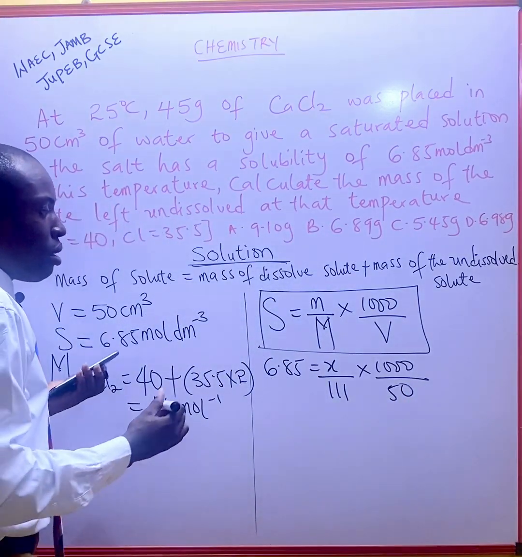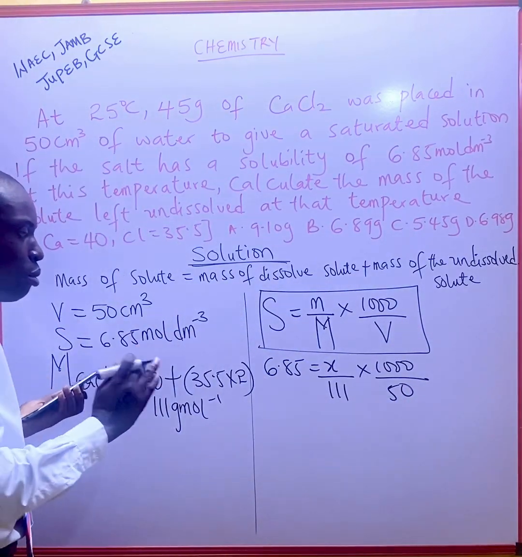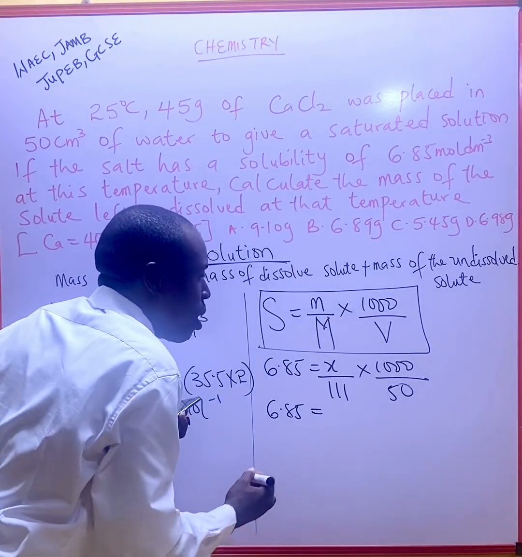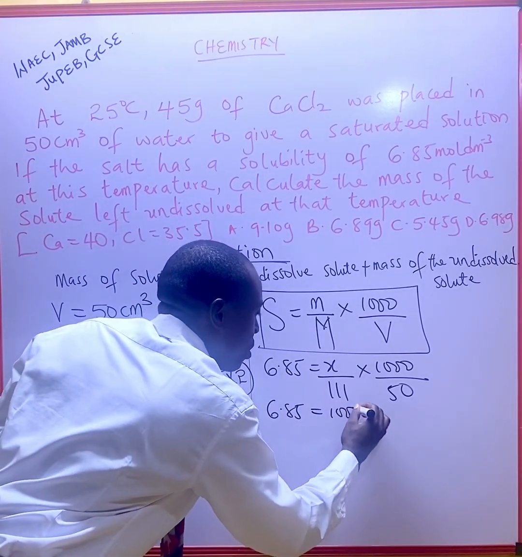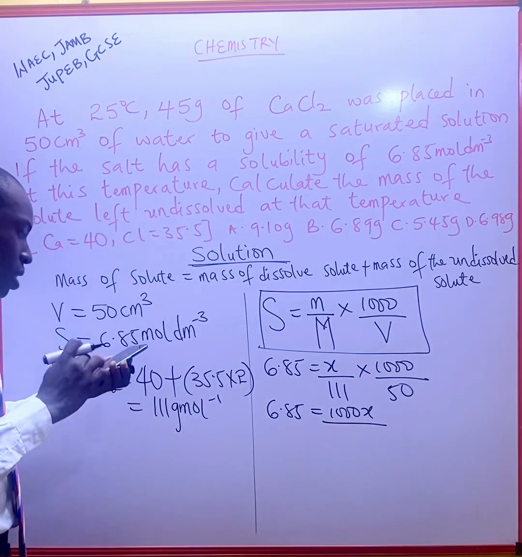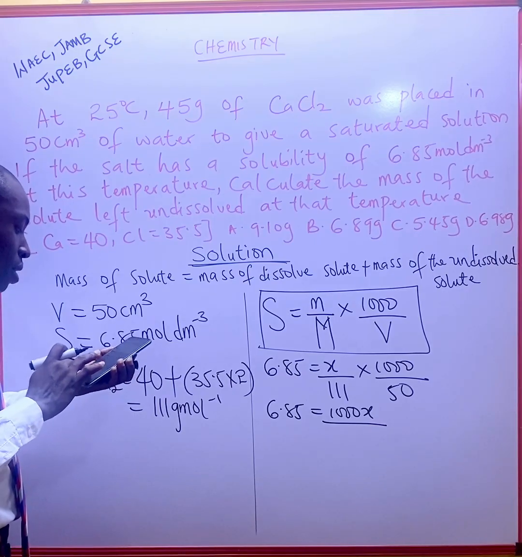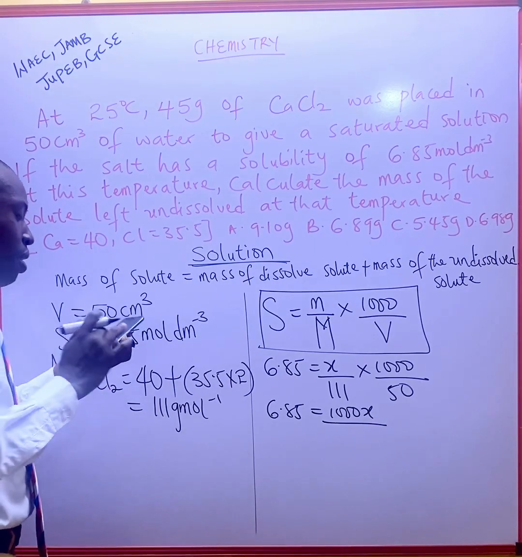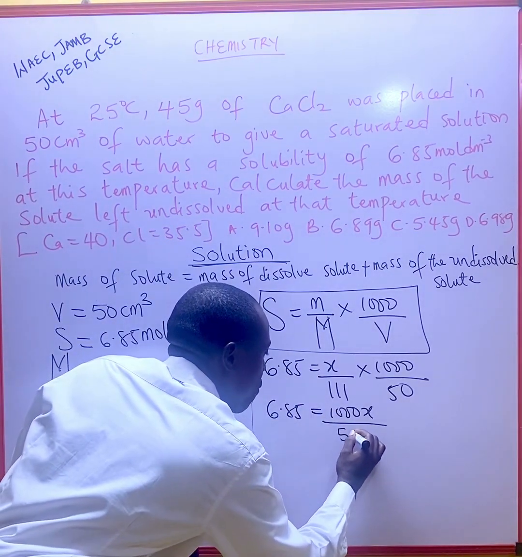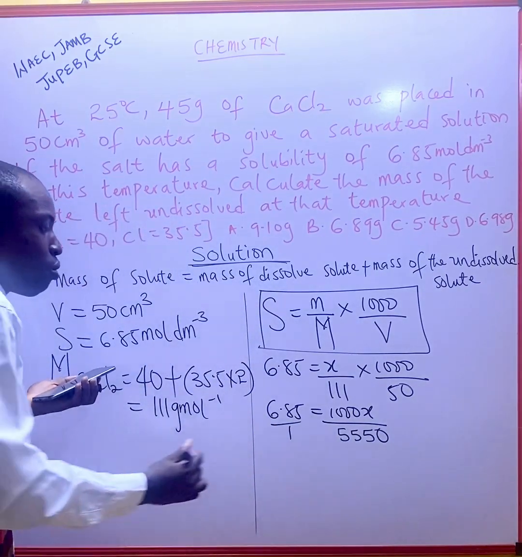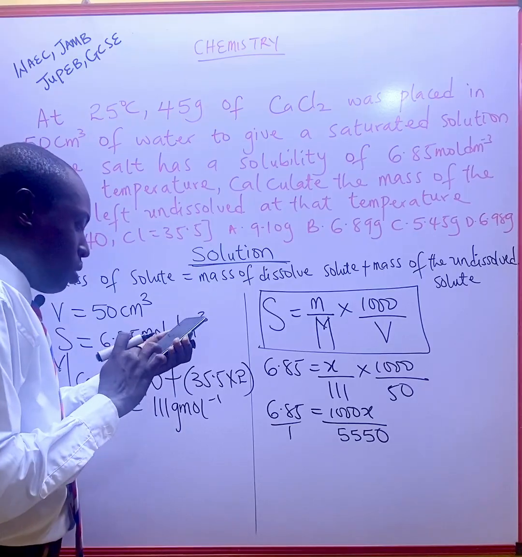So here, 6.85 is now equal to 1000X over 5550.